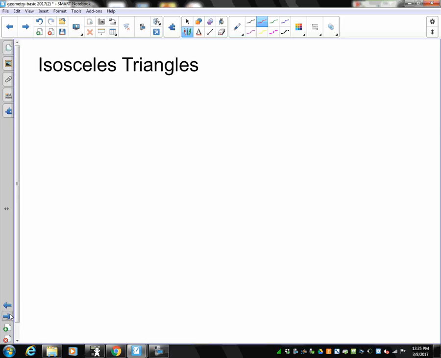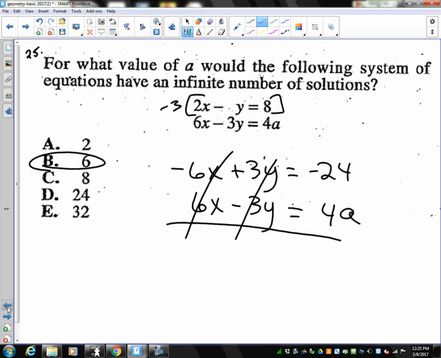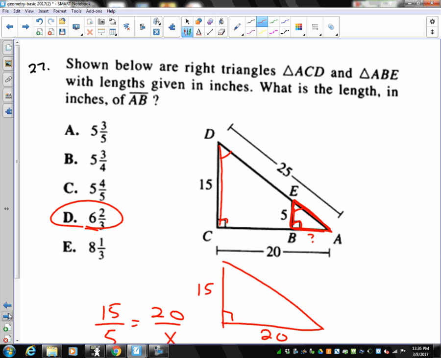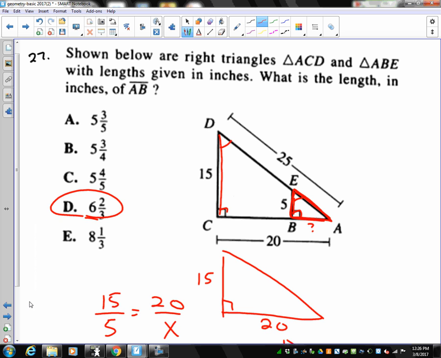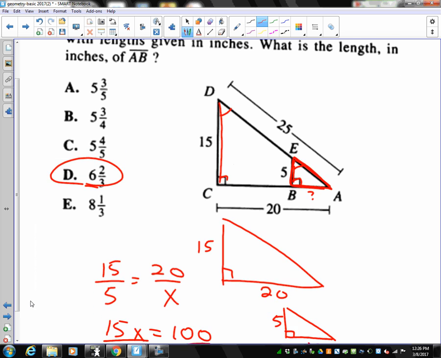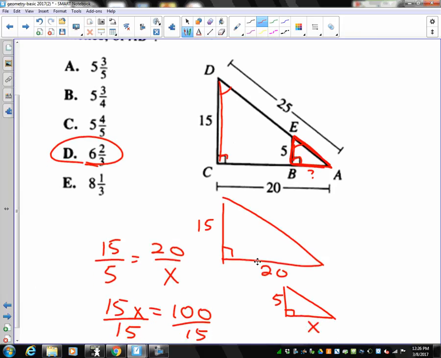What about the 25? Which one? The 27? The 25 is the hypotenuse of the big triangle. Okay, why would you not use that? Because you didn't have the hypotenuse of this one. Okay? So if you would have had the hypotenuse of this one, then you could have used the Pythagorean theorem.